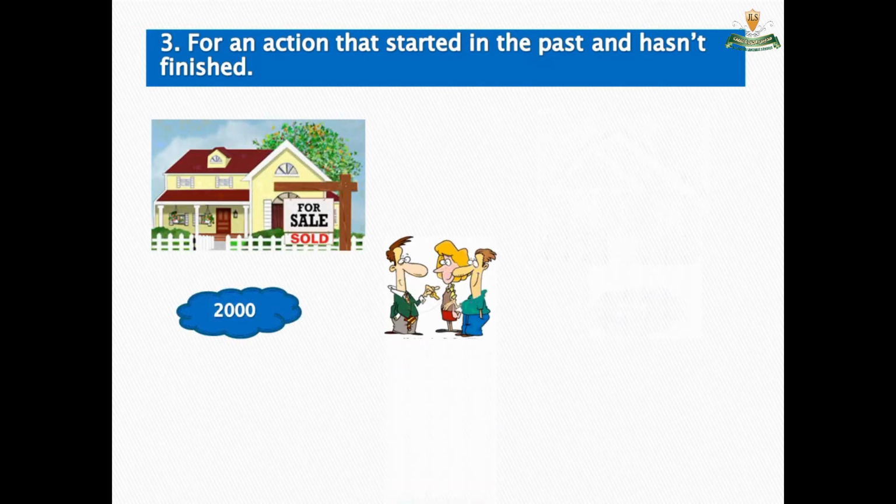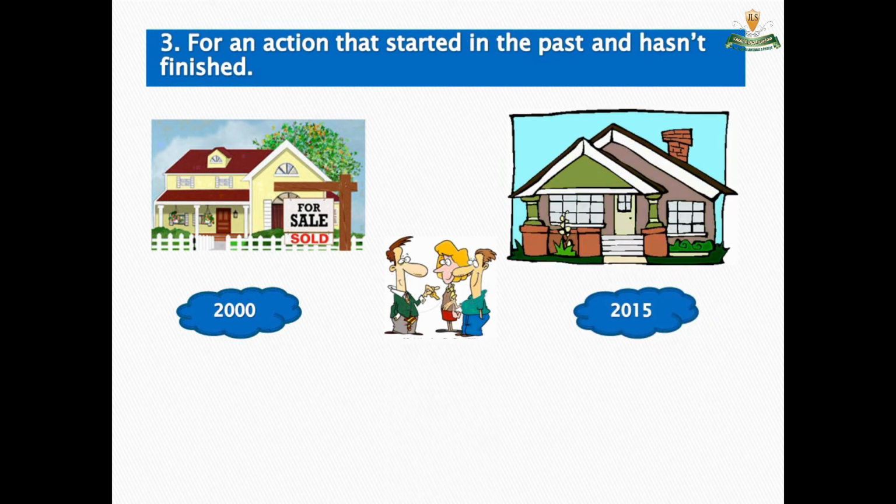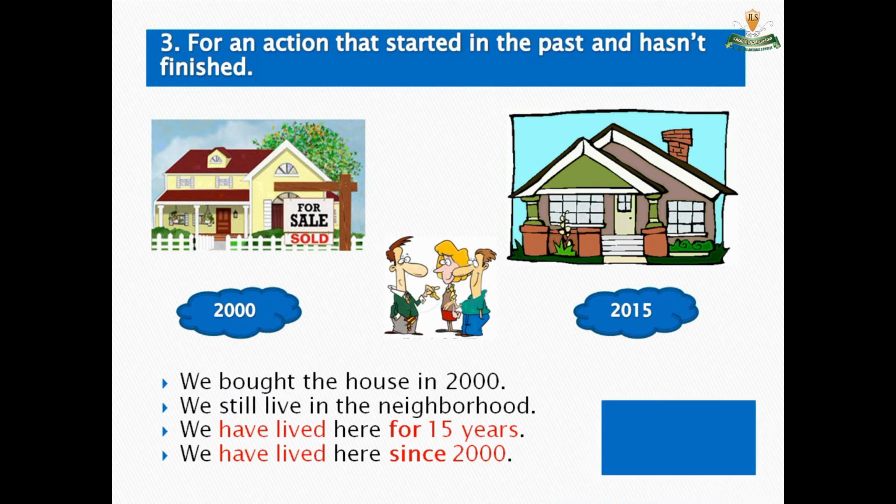Number three, for an action that started in the past and hasn't finished. Look at the picture. In 2000, we bought the house. We still live in the neighborhood.